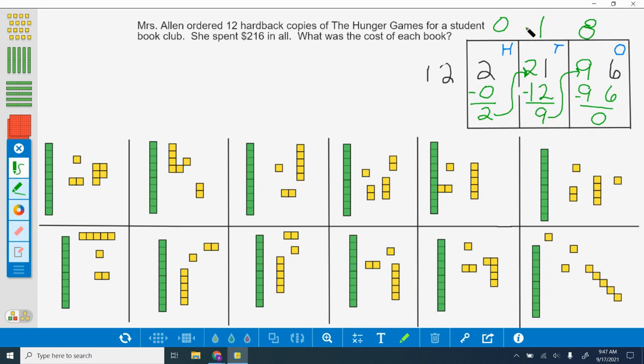Well, 18 is the cost for one book. So we started with our total. We divided it equally into 12 groups, and we found the amount in each group, which was 18. So what was the cost of each book? The cost of each book was $18.